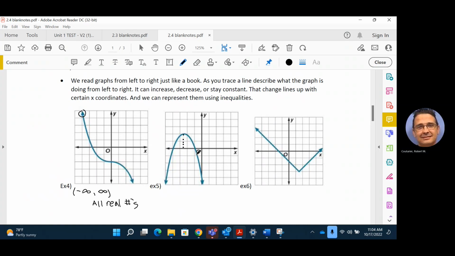So if we want to write this in inequality notation, the graph is increasing, meaning on this side, right? Because this is where it was going up, increasing for any value of x that is less than -2.5. Think of it on a number line, right?